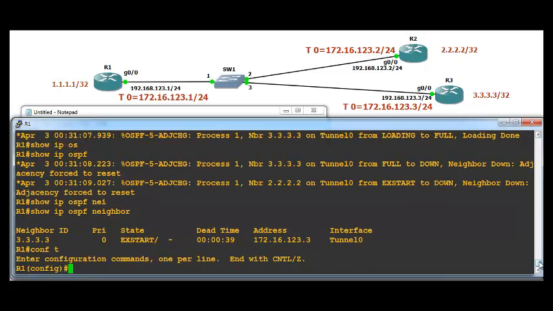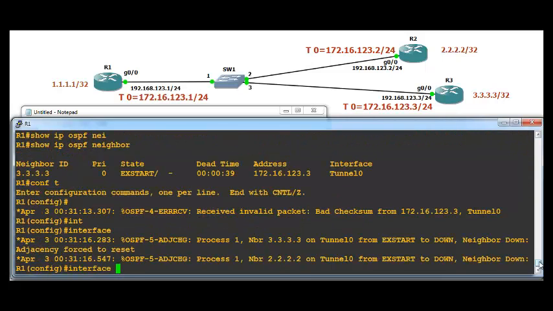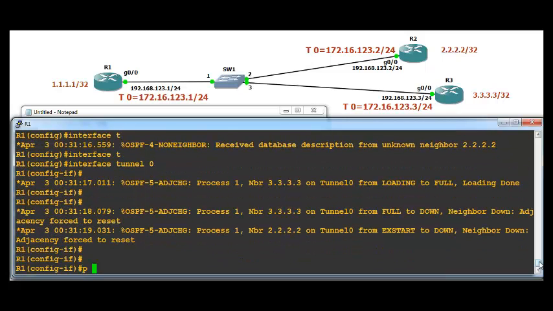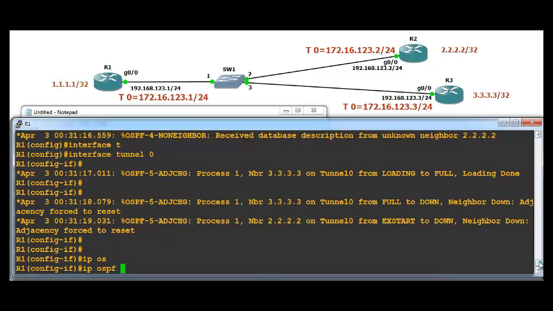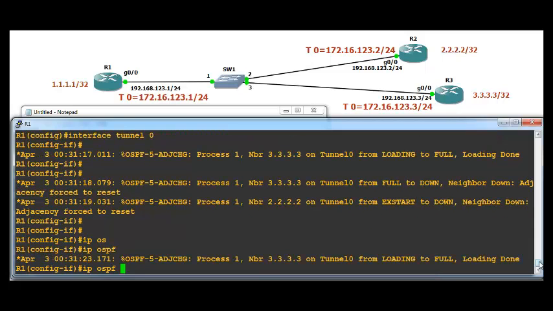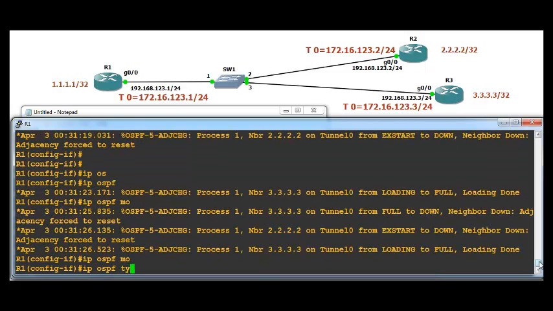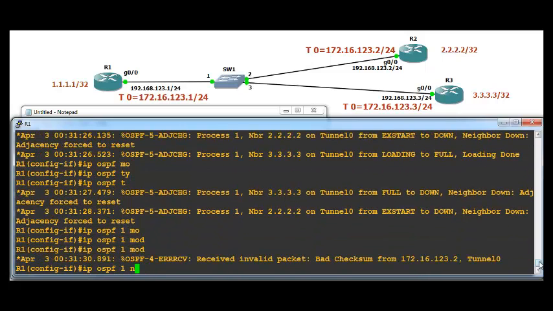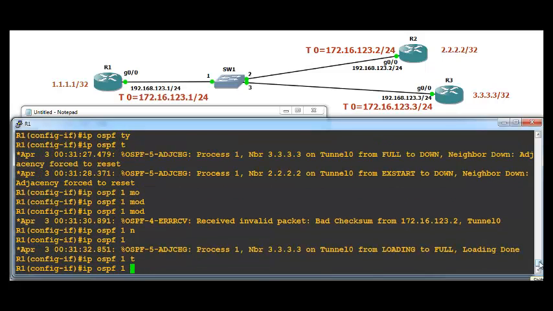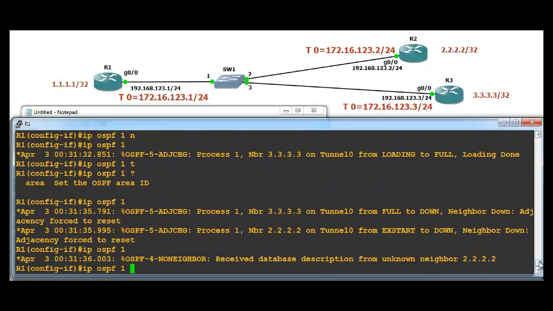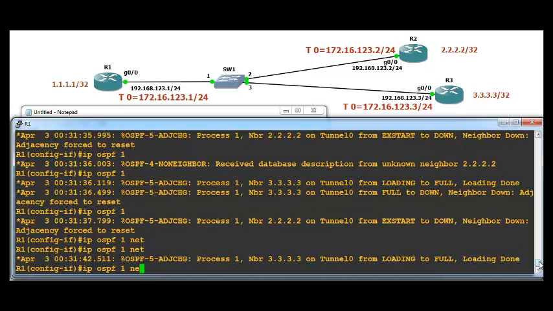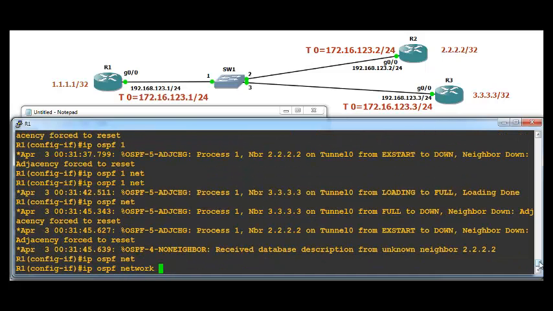If you want to solve this, all you need to do is go under the tunnel 0 interface and give this command: ip ospf network type.